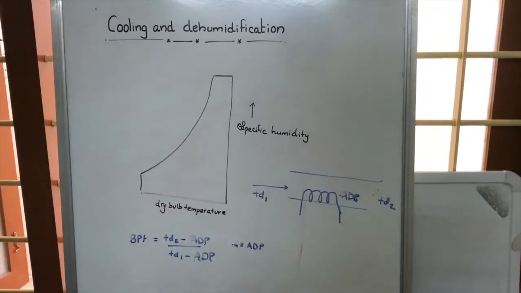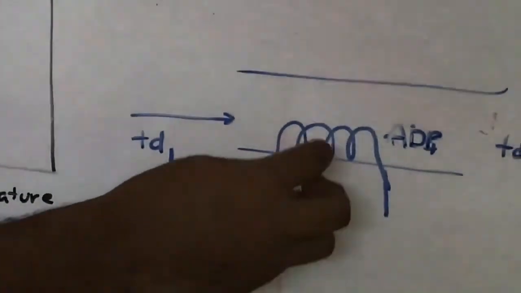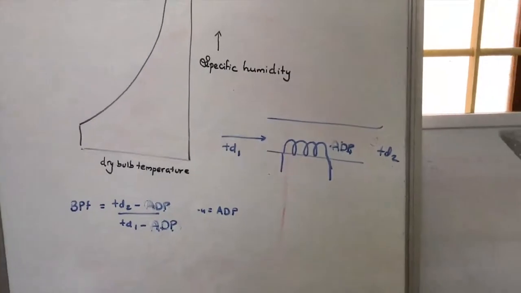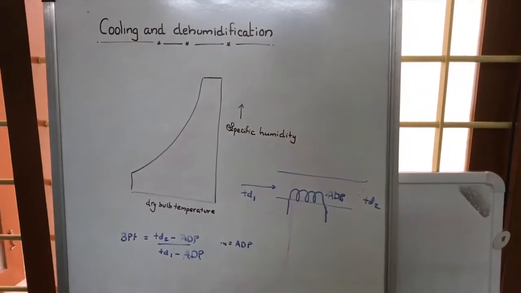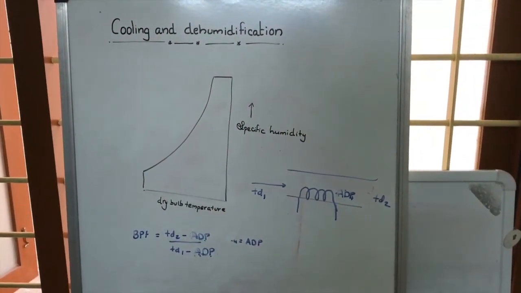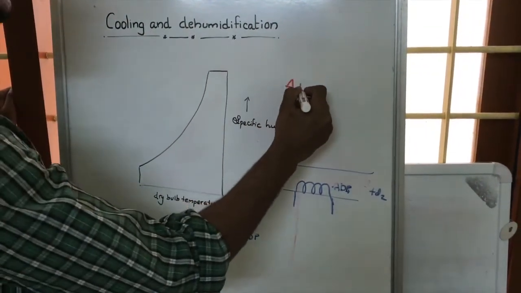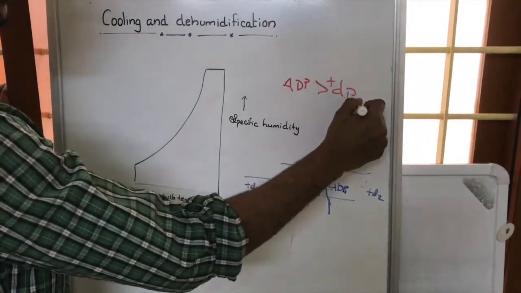This ADP means that if the temperature of this coil is very low, then when the air passes through it, some of the moisture can get condensed. That means the ADP is less than the dew point temperature TDP1.